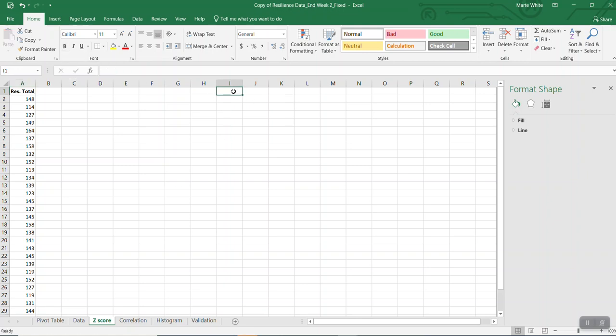I'm going to type in the formula for z-scores. Z equals, I have a parenthesis, x minus the mean, divided by the standard deviation. So what that means is x is the individual person's score, minus the average score of the whole group, divided by the standard deviation.